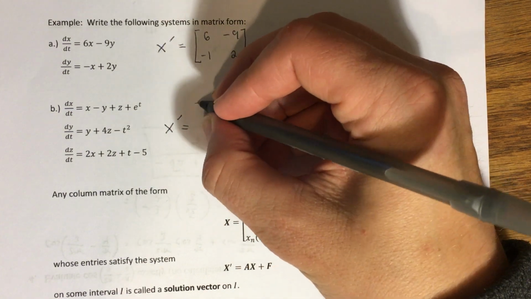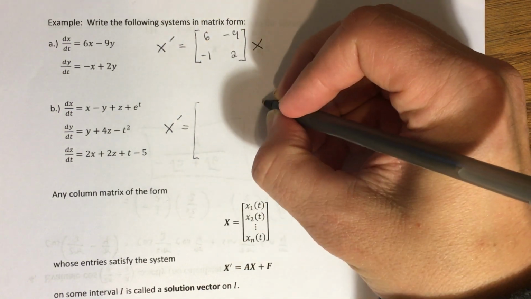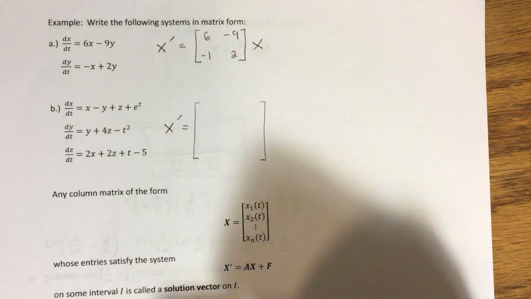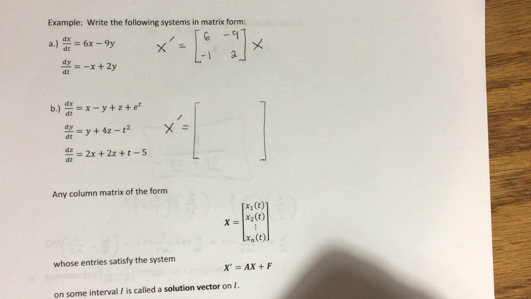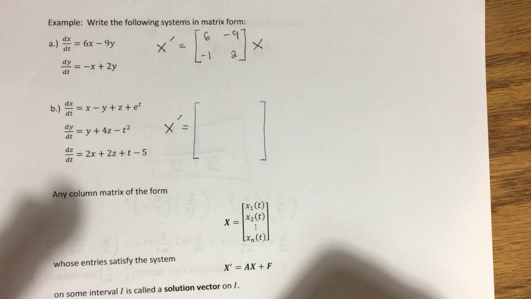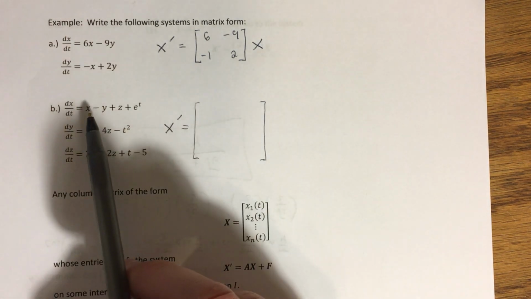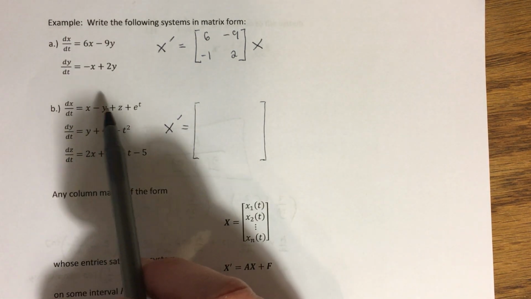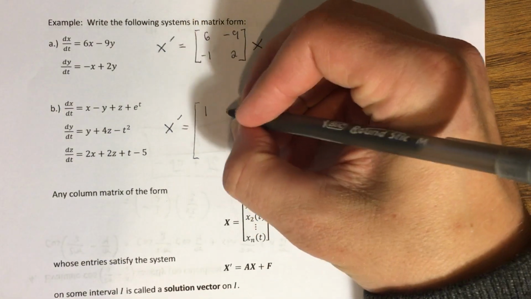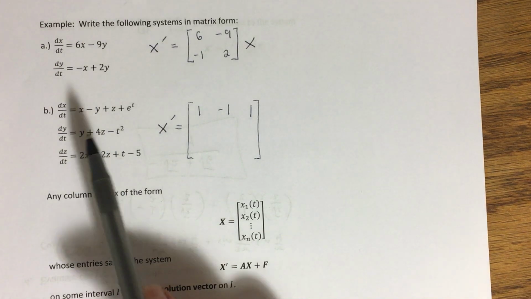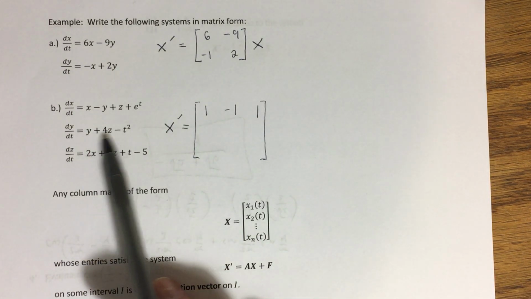Now, what is our coefficient matrix? This time it's going to be a 3x3 matrix instead of a 2x2 matrix. And remember, we're only looking at the coefficients on the unknowns, x, y, and z. So here I have 1, -1, 1. Looking at my second equation, x is not appearing in this equation.